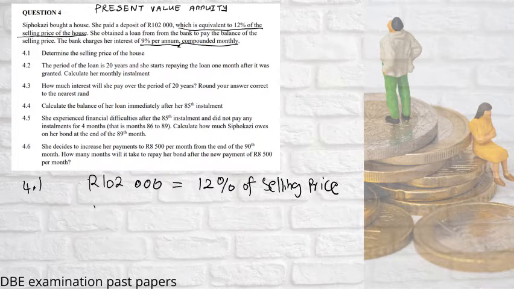So it's basically 102,000 rands equals 12% times the selling price of the house.